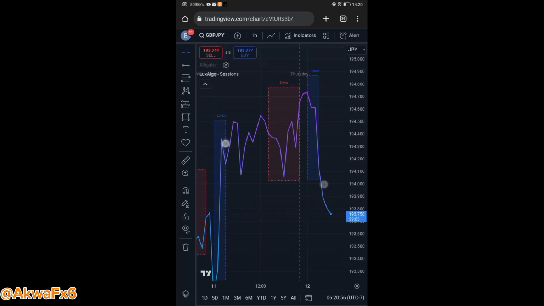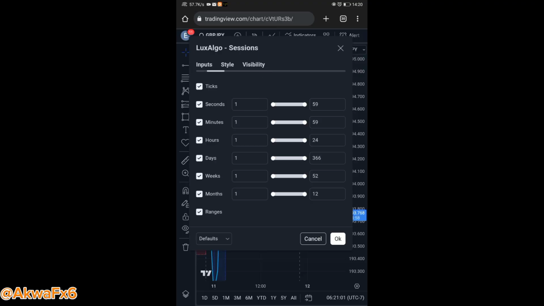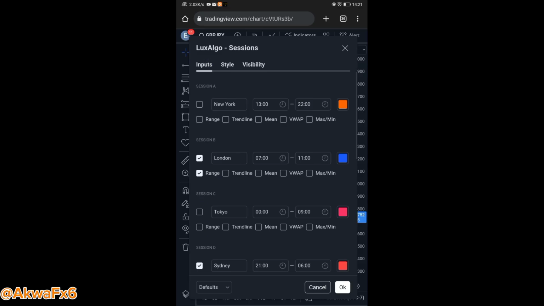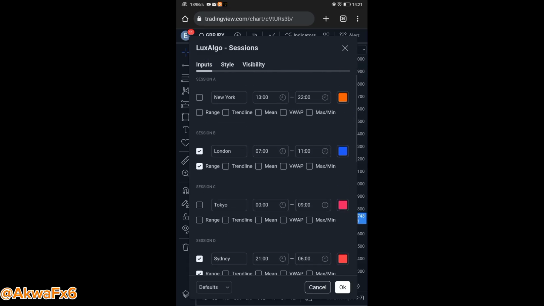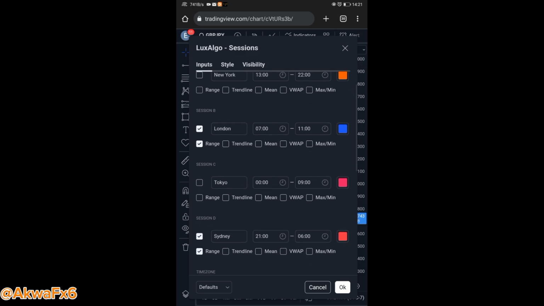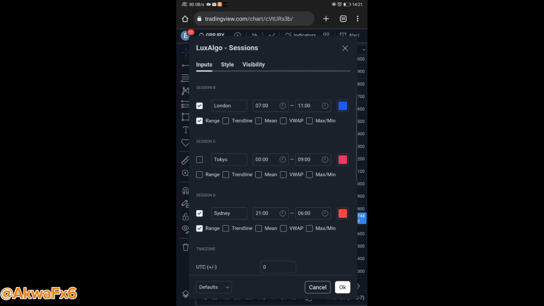So now on your Lux Algo, you click on it. Once it opens this interface, you can see I'm not making use of the New York session, so I disabled it. I'm making use of London, so you can see I've already set it from 7 a.m. to 11 a.m., which is this blue box that indicates my London session.